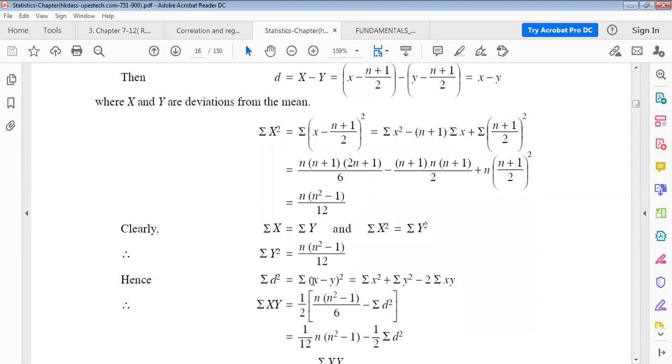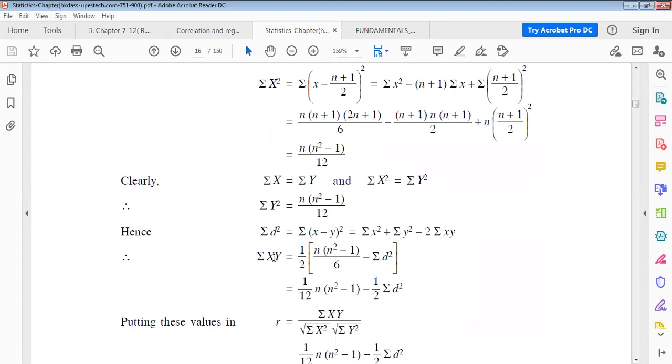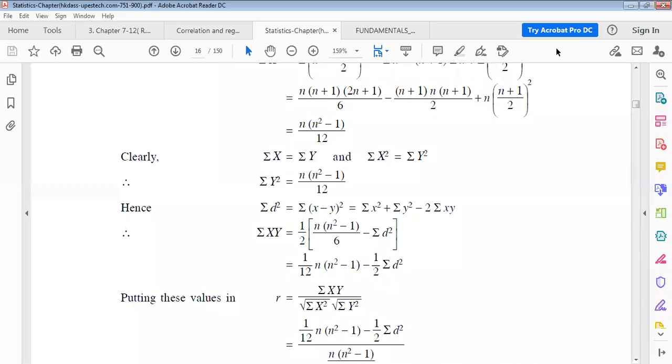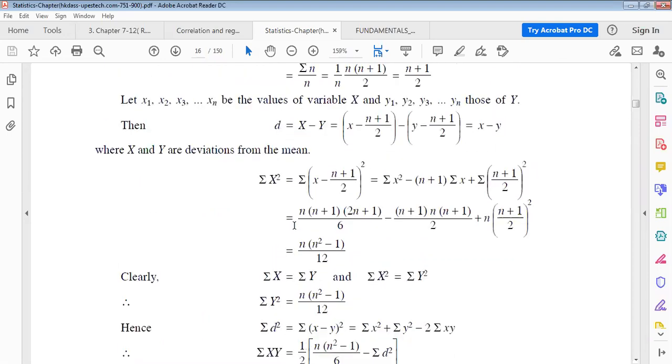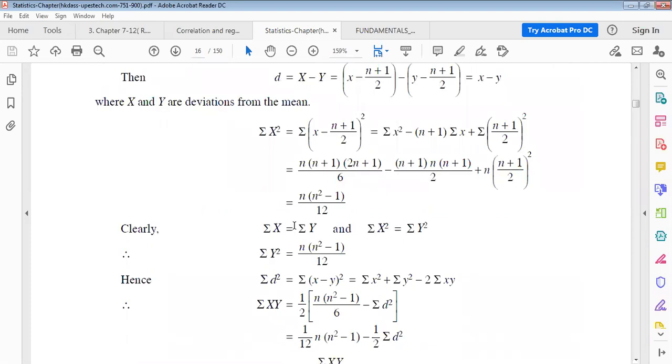So summation d square will be summation of x minus y whole square, which can be written using the a minus b whole square formula: a square minus 2ab plus b square. Now what will summation capital X capital Y be?